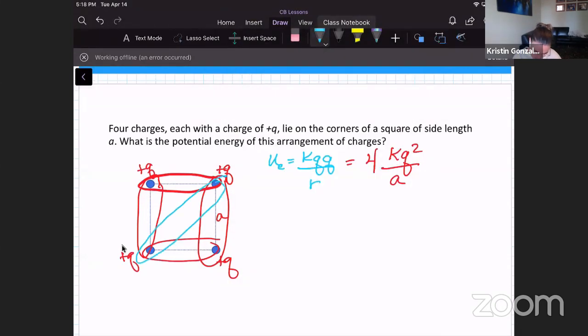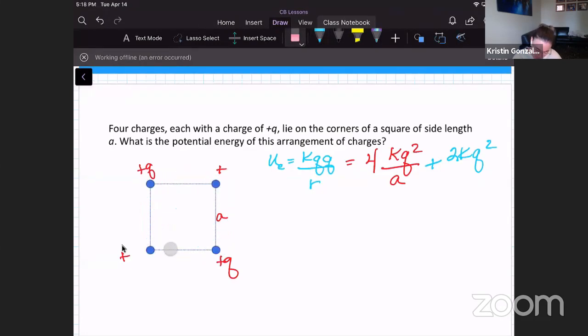So here and here. Now those will be an equal distance away, but that's not A. We've got to look at what that distance is. So then I also have plus these two, which are K, still Q times Q, which is Q squared, but we have to look at the distance between them.